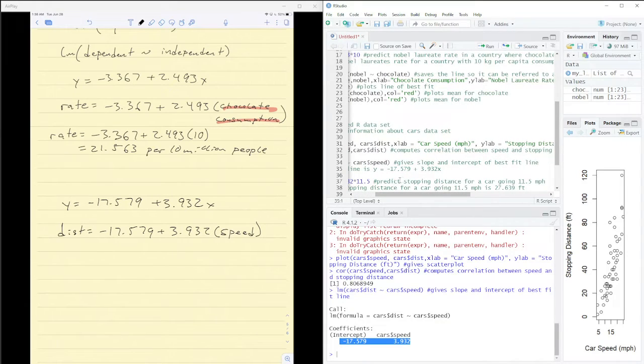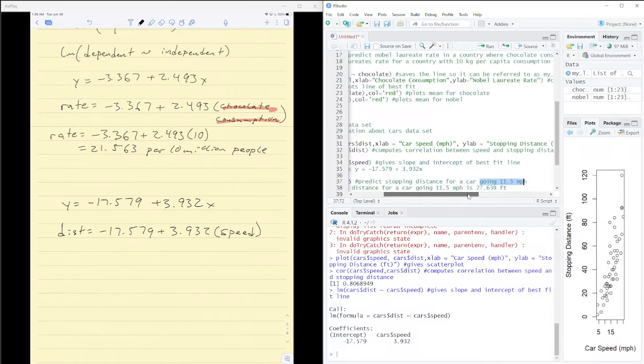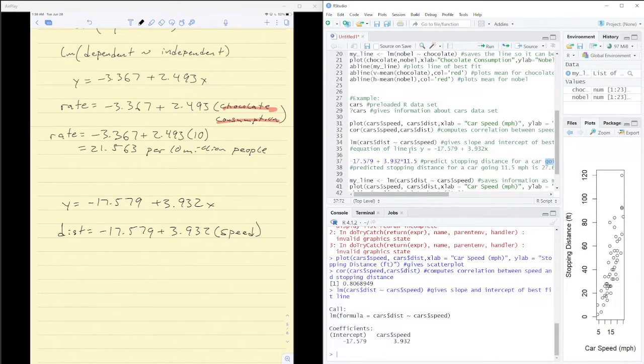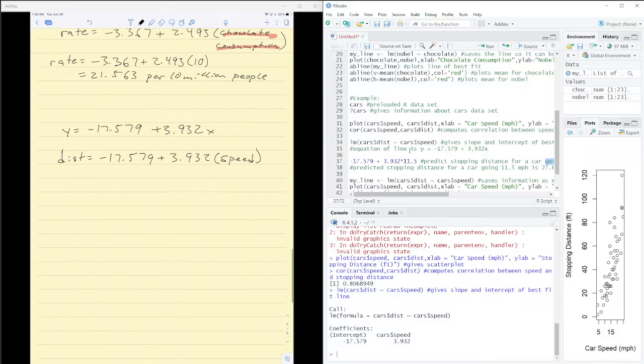Say we wanted to predict the stopping distance for a car going 11.5 miles per hour. So if we wanted to predict the stopping distance, we would plug in 11.5 for x.